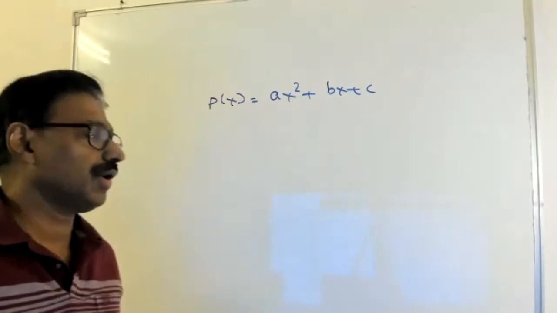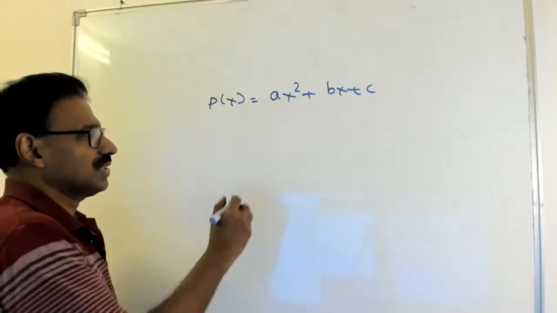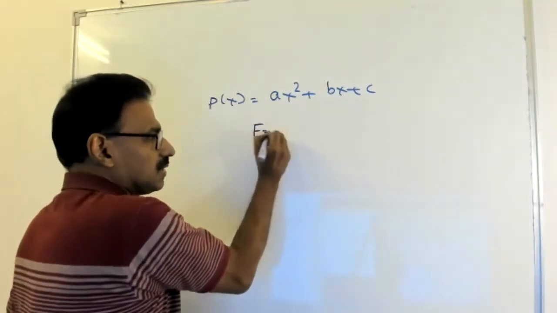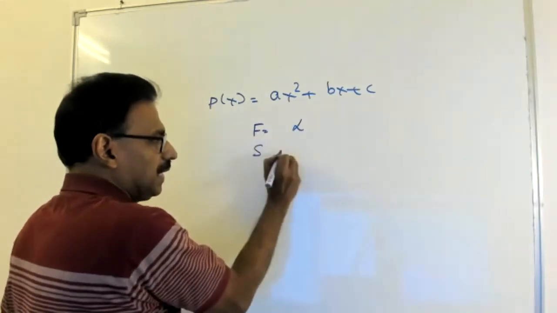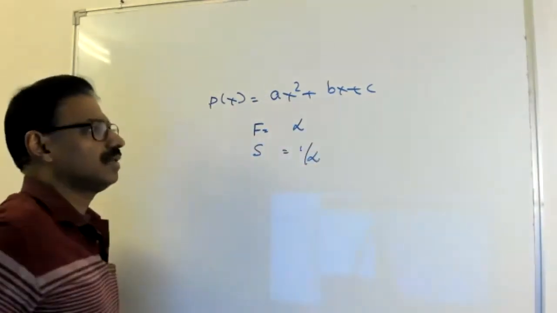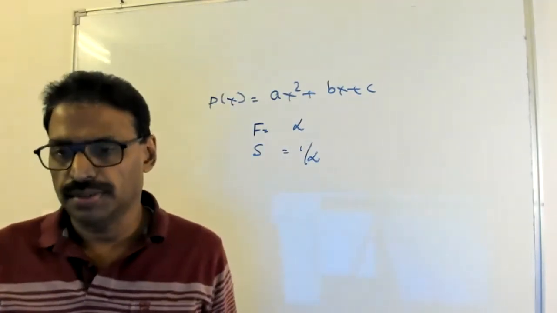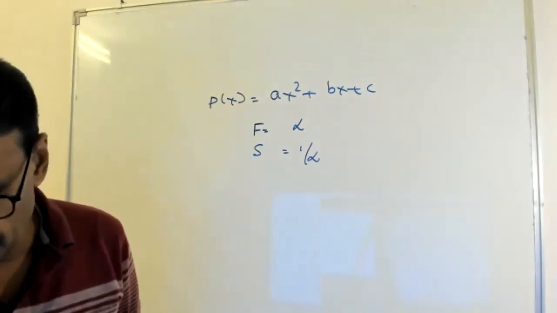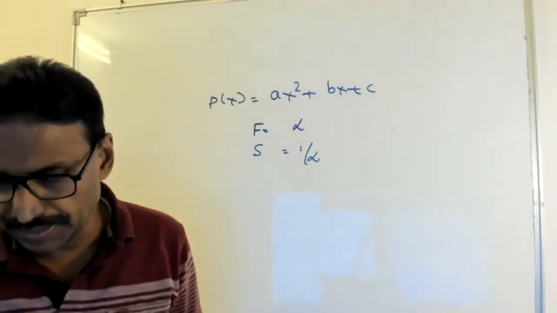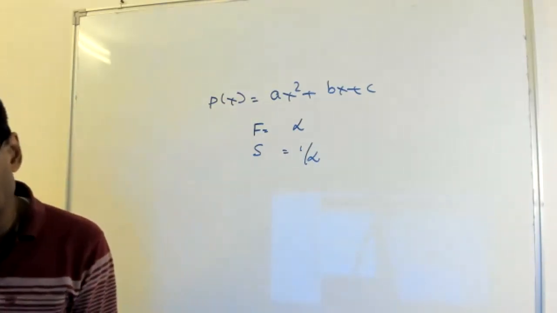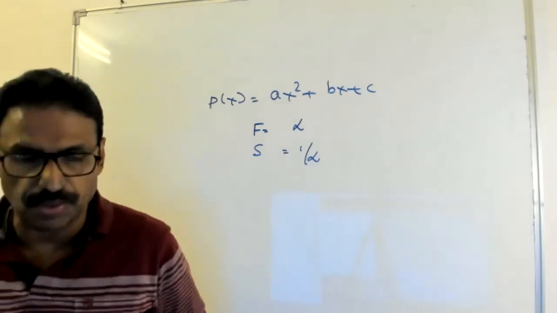Okay, look here. The zeros are what? First zero is alpha, second is 1 by alpha. According to the condition, the zeros of the polynomial ax square plus bx plus c are reciprocal of each other.